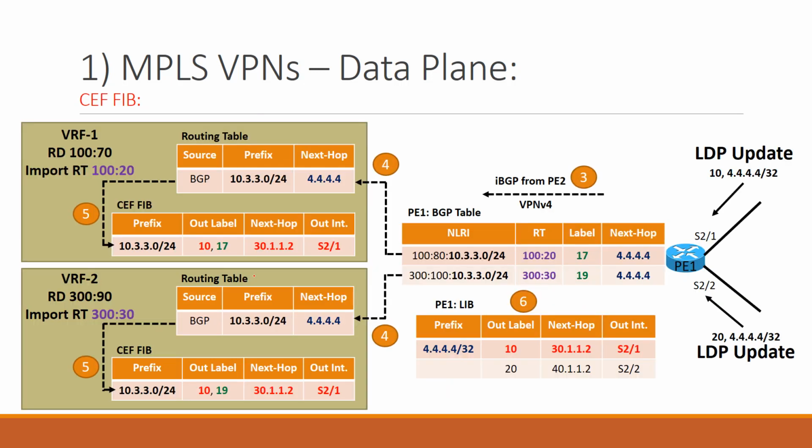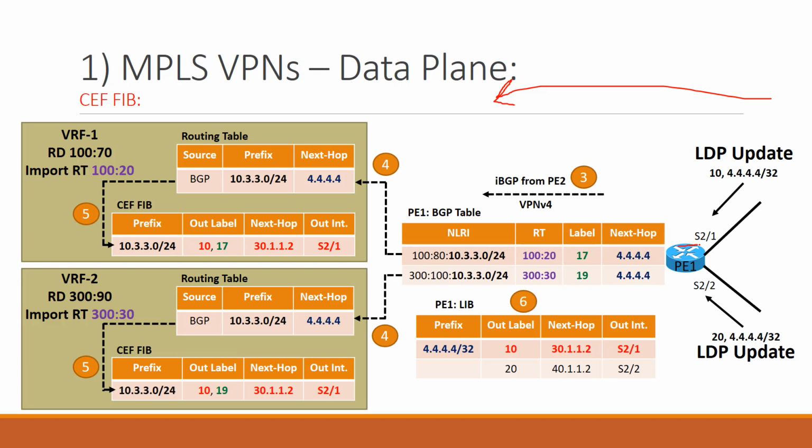So we discussed how BE2 constructed its MPLS label forwarding information base. What about BE1? Because we are working in this direction, from BE2 to BE1.